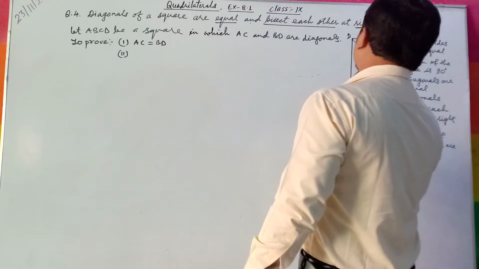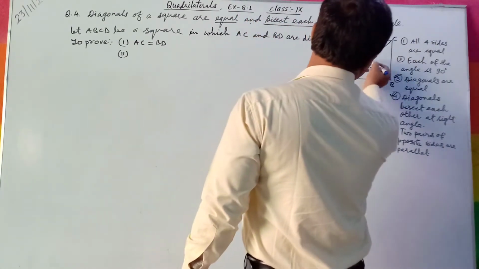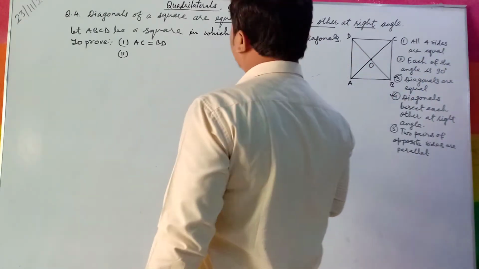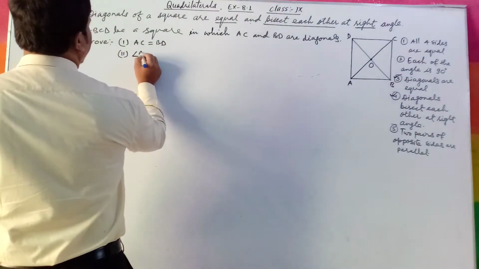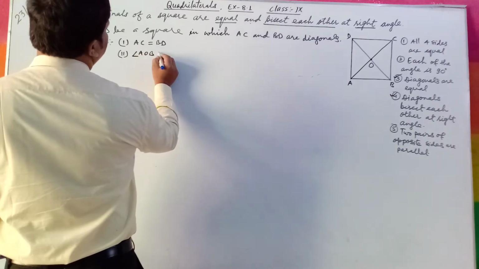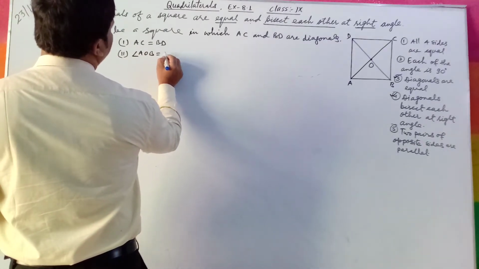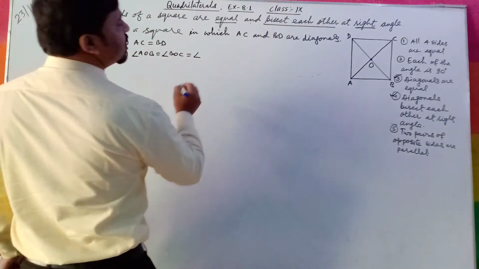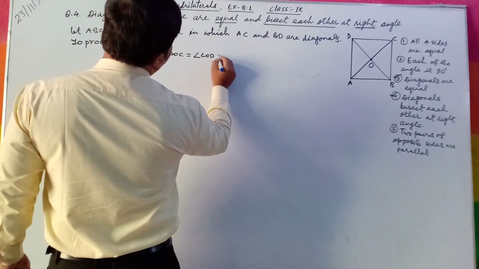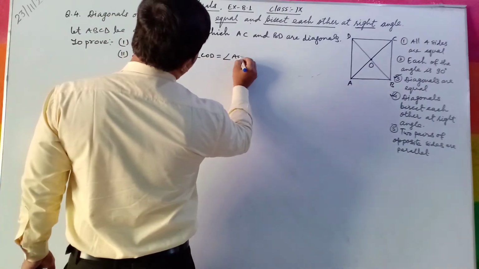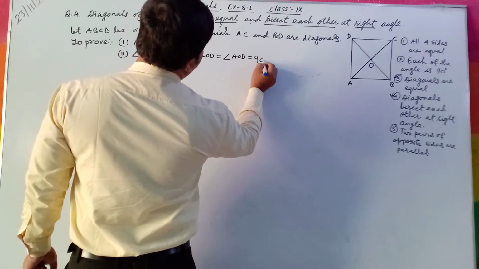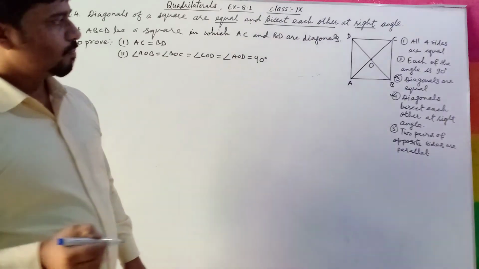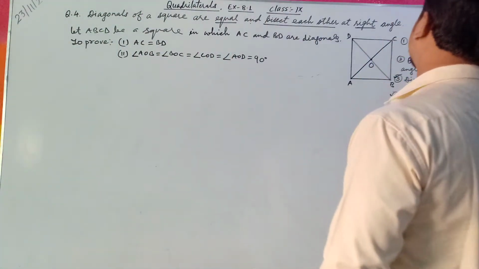So we have to prove angle AOB equal to angle BOC equal to angle COD equal to angle AOD equal to 90 degrees. This we have to prove.